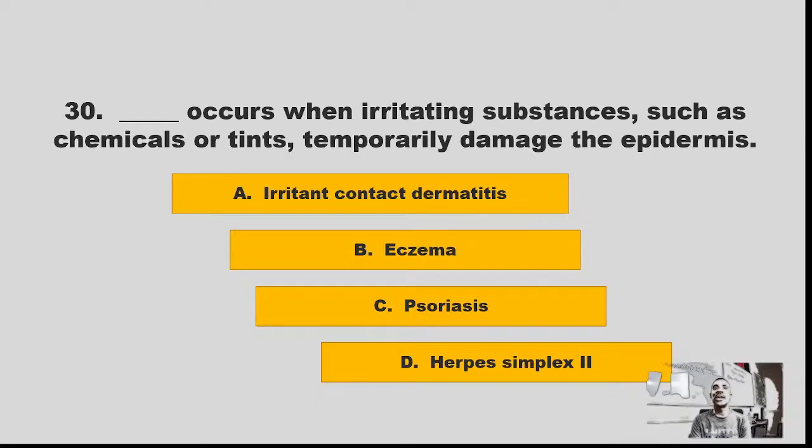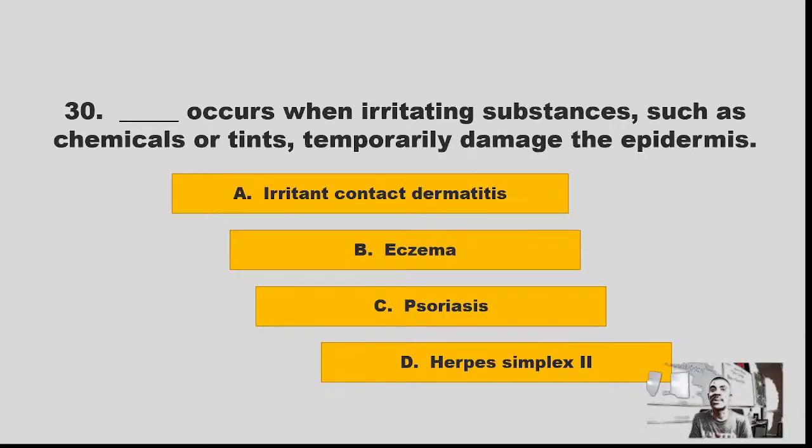Blank occurs when irritating substances such as chemicals or tints temporarily damage the epidermis. So would you say that it is irritant contact dermatitis? Would you say that it's eczema? Would you say it's psoriasis? Or would you say that it's herpes simplex 2? Now in the last question we were dealing with the answer herpes simplex 1.